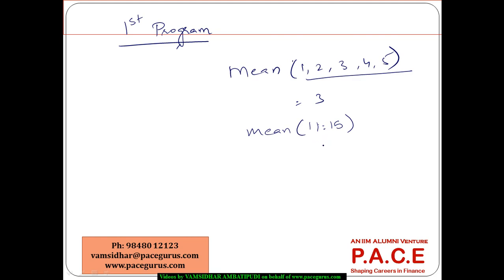This kind of way of writing is called a vector. And mean in this language is called a function, which is calculating the arithmetic mean. And the vector is enclosed in a bracket. When the vector is enclosed in a bracket, for this function, we call that the argument to the function.